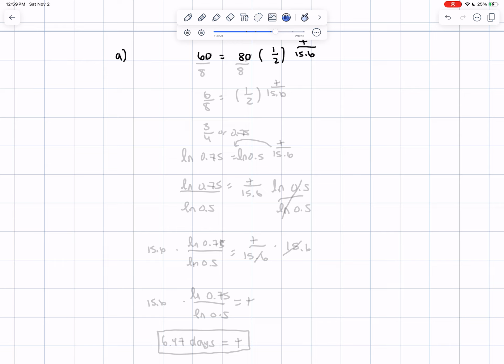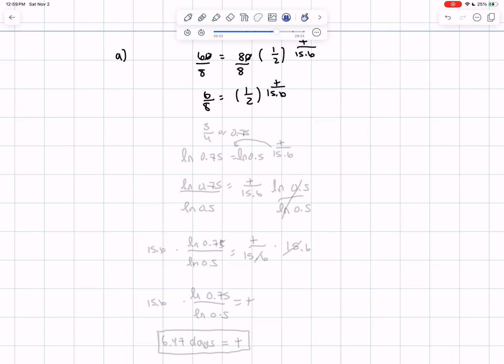So again, what I can do is cancel out my zeros here and divide by what we have. And so we get 6 over 8 equals 1/2 to the T over 15.6.